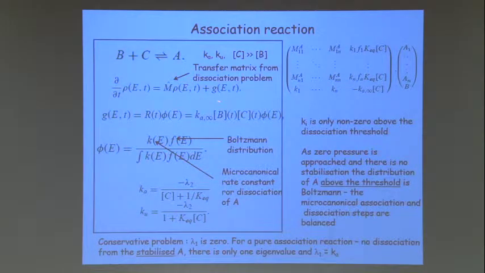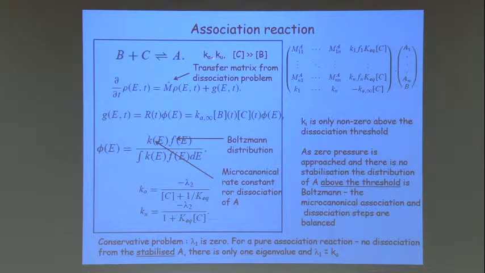But now we've added this extra term here, which tells us about the rate of forming A from B and C. And that rate, I won't explain this in any detail, but basically it's the high pressure limit multiplied by the concentration of B and C, and this fraction phi, which is basically the rate constants multiplied by the Boltzmann distribution. And I won't rationalize that, it would take too long, but if you go to any book on molecular reactions, then you'll find a rationalization.